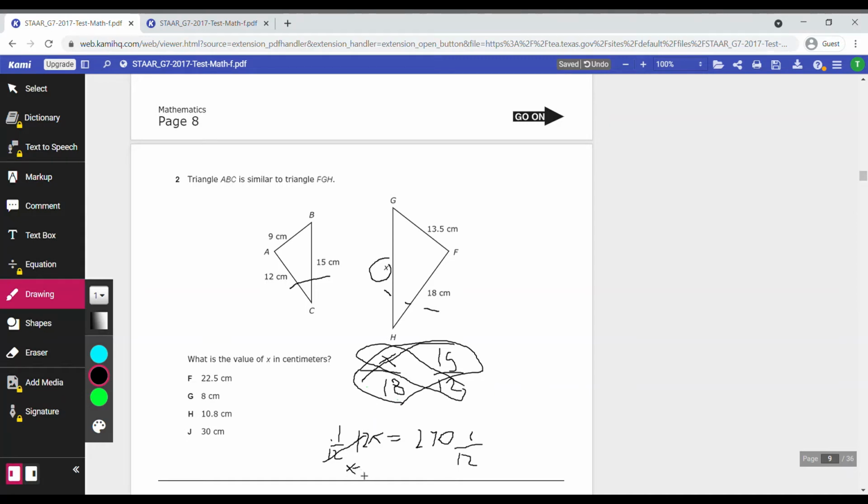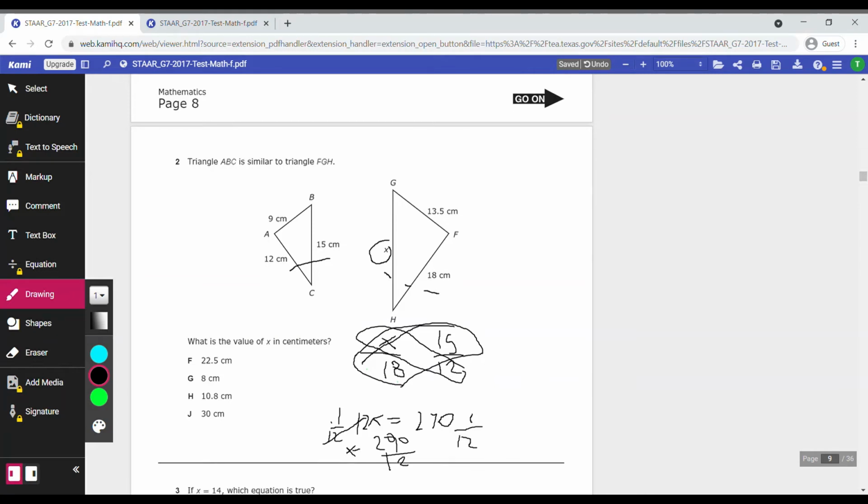But you don't want to leave your answer there, because you can simplify further. You always have to make sure your answer is simplified before you keep going. 270 divided by 12 is 22.5. You could do this by hand, but I don't want to waste time. So our answer is F.